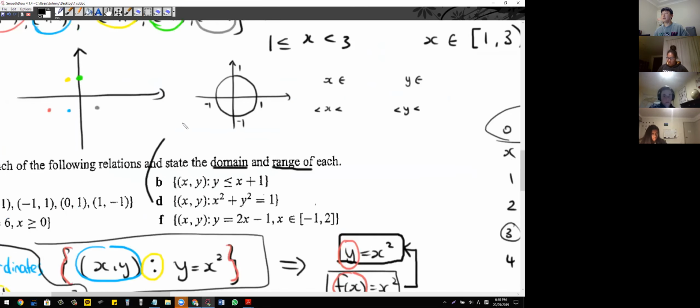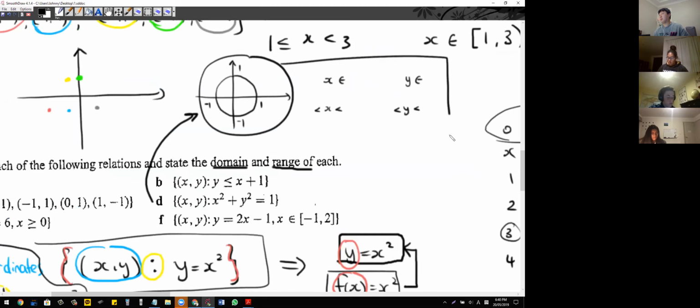So this one here looks like that. So if this is your graph, what is going to be your domain and range?